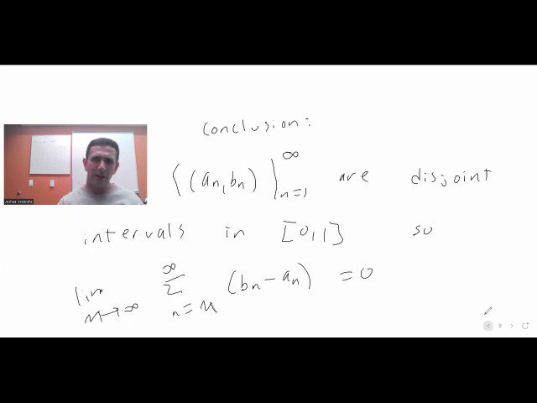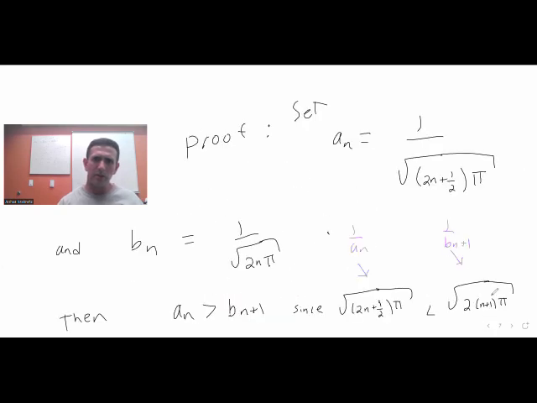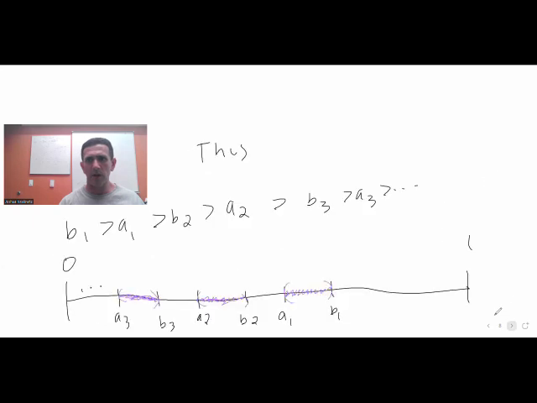Remember what an is. It's pi over 2 here, 2n plus 1/2.